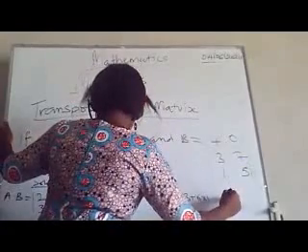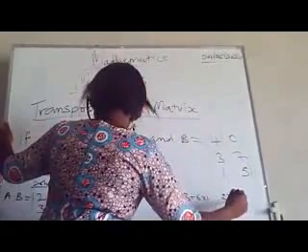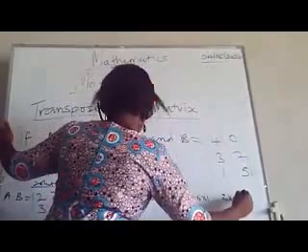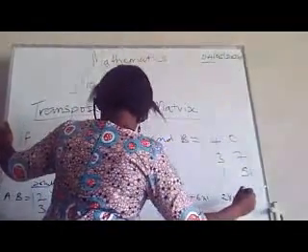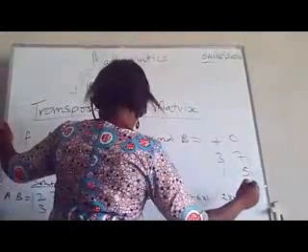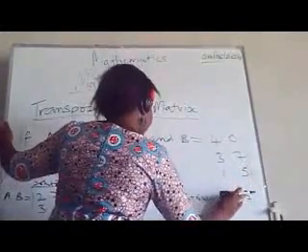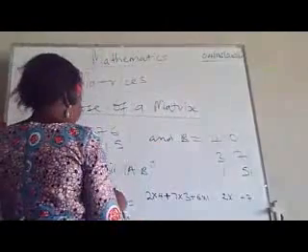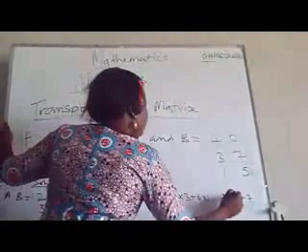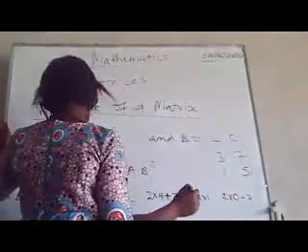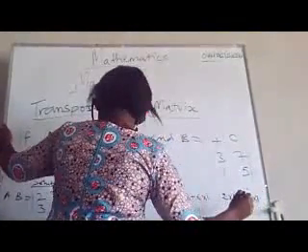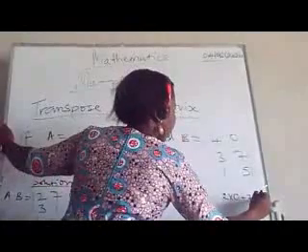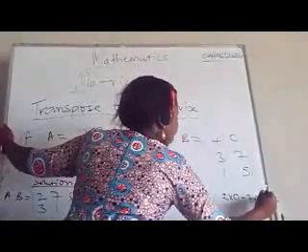2 times 4 plus 7 times 2 times 0, because we are using this to multiply with this. 2 times 0 plus 7 times 7 plus 6 times 5.